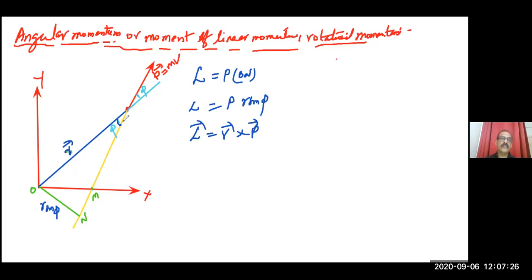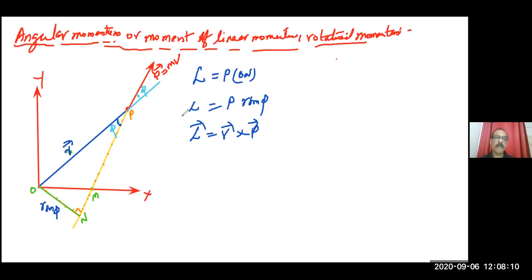So this should be a dotted line, okay? Can you say again? Yes. Angular momentum can be defined as the product of linear momentum, bracket P, and the perpendicular distance from a fixed point to the line of action of linear momentum.